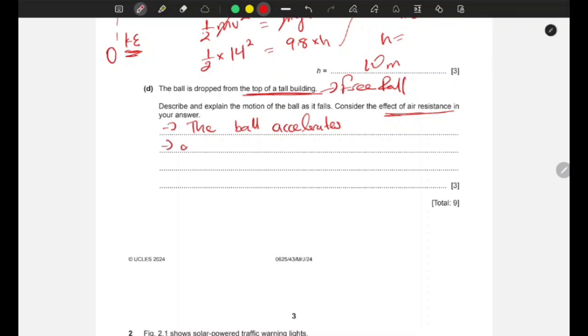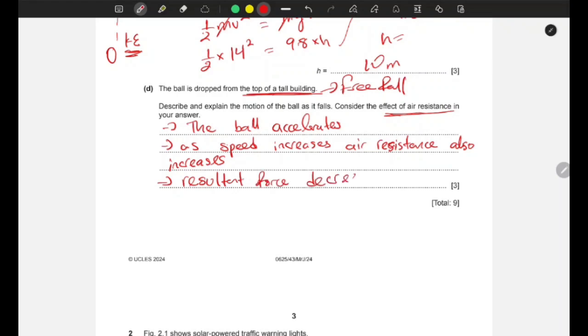Then, as speed increases, air resistance also increases. Since the air resistance increases, the resultant force decreases.